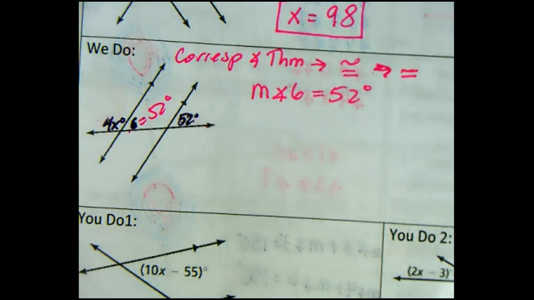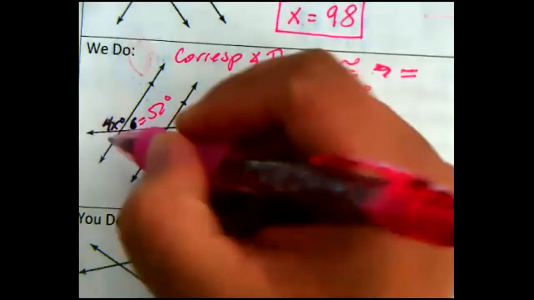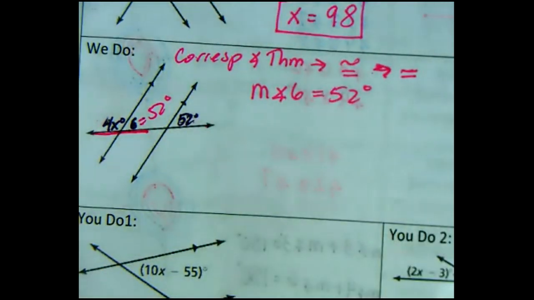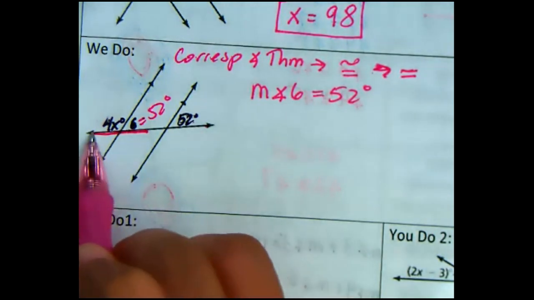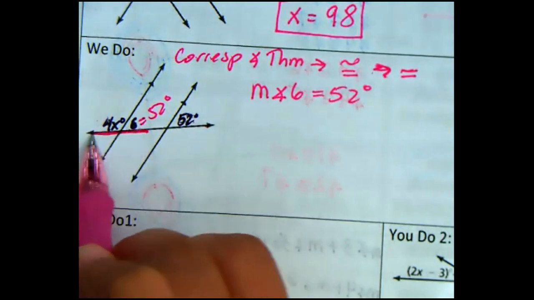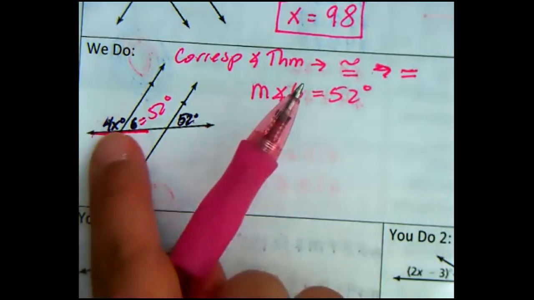Parallel lines. Almost. You see how they create a straight line here? That's part of the relationship, but not quite. These two angles, same intersection, creating a straight line. These are a linear pair.